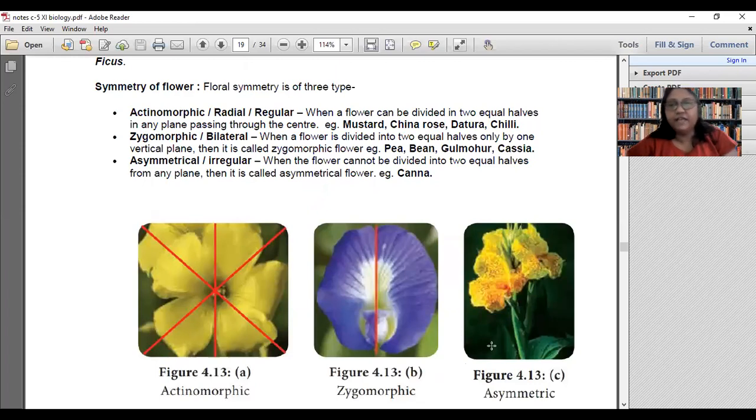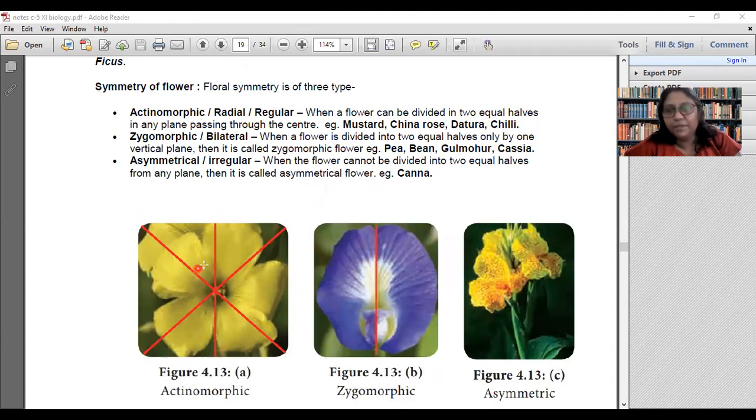Zygomorphic flowers can be divided into two equal halves only if they are cut through a specific plane. If you are cutting them along this specific plane, then only you can get two equal halves. In case of actinomorphic flower, you can cut it along any plane to get equal halves.